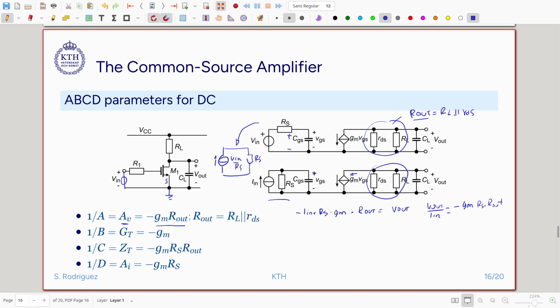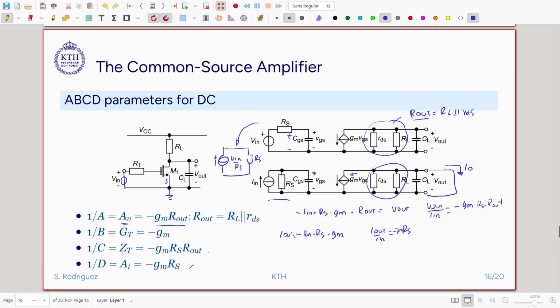And we can do the same for the current gain. For the current gain, we short circuit the output, and we calculate the output current. Same thing, Ein multiplied by Rs multiplied by gm, and all this current will flow directly to the output with a different sign, and that will be equal to Eout. So Eout divided by Ein is going to be equal to minus gm Rs.